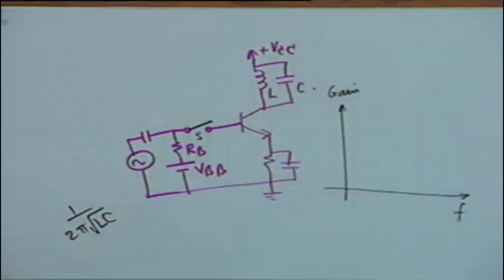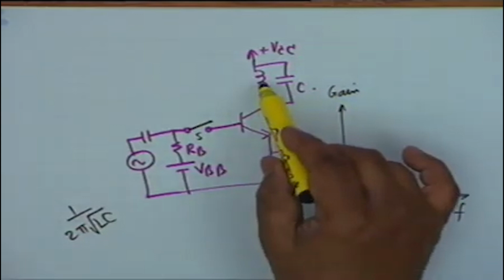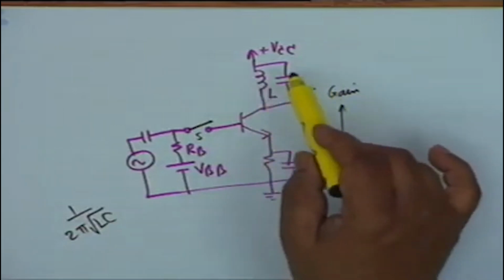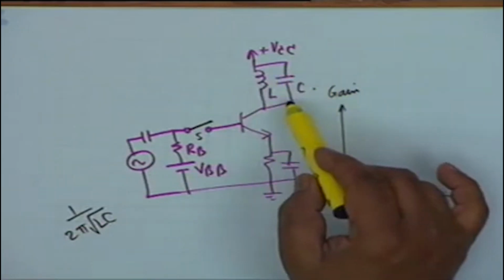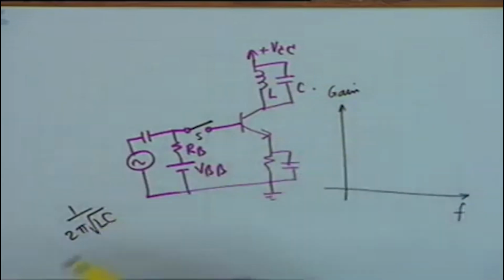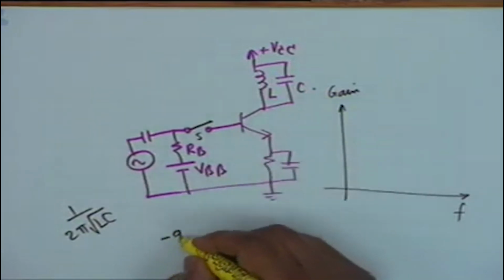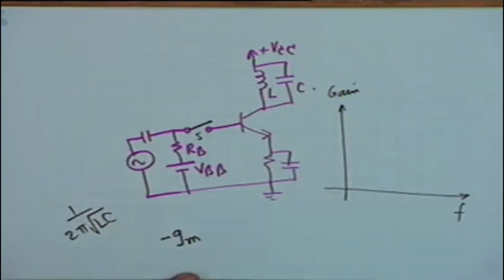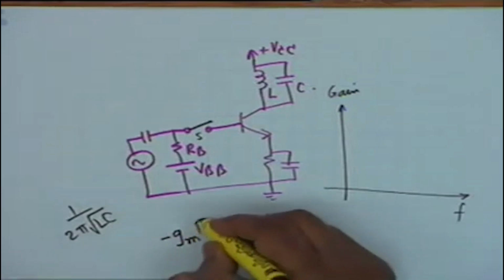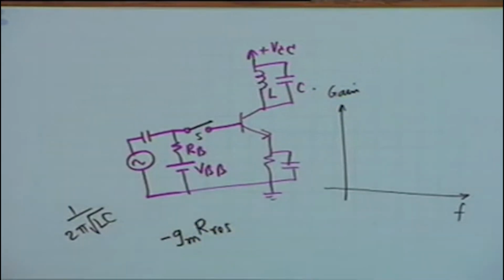Ideally, it should be infinity, but because of resistance of the inductance and because of the parallel resistance of the capacitance, this effective load at resonance is less than infinity. But whatever the load is, you know the gain is minus GM times the effective load. So, if we say resonant resistance is R res, then the gain shall be minus GM R resonant at the frequency 1 by 2 pi square root LC.